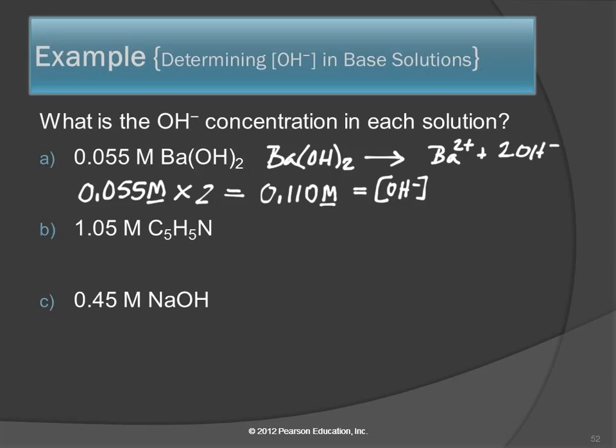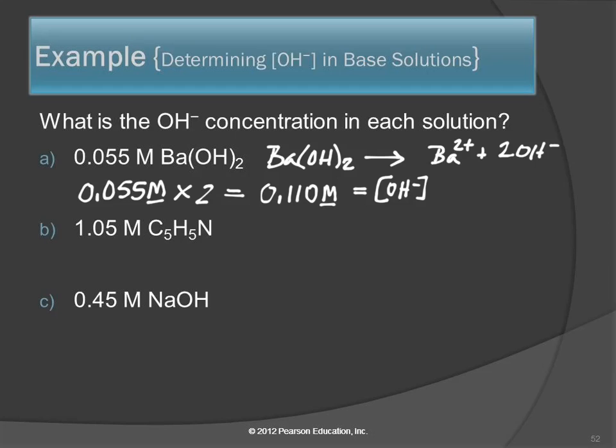We're not having to remember some process to solve a problem. We can just think about it. Well, what would happen? Okay, that's a strong base. That means it comes apart into ions. We've got barium ions and 2 hydroxide ions. I'm going to get twice as many hydroxide ions as these units that I started with. So I don't know if that helps or not.